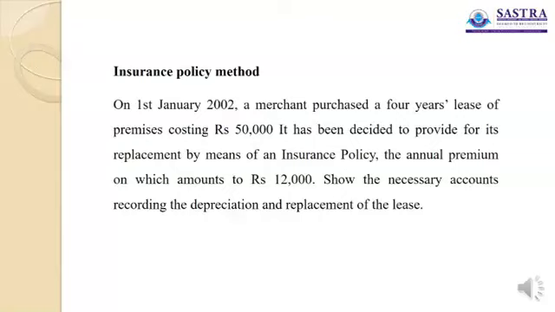On 1st January 2002, a merchant purchased a 4 year lease of premises costing rupees 50,000, and it has been decided to provide for depreciation and for its replacement by means of an insurance policy. The annual premium amounts to rupees 12,000. Show the necessary accounts recording the depreciation as well as the replacement of the lease.